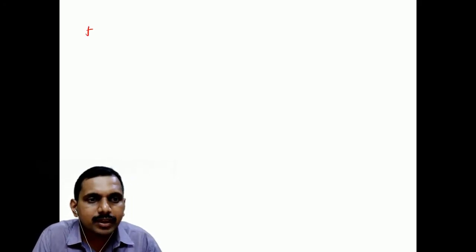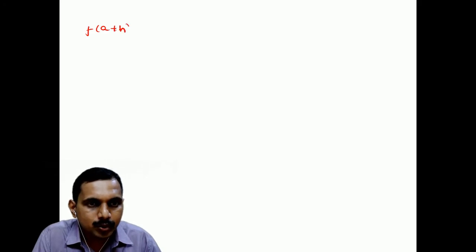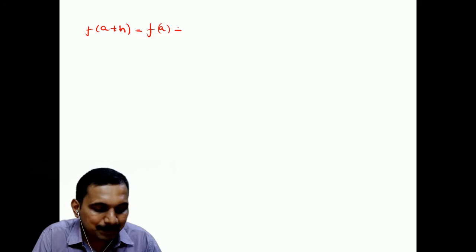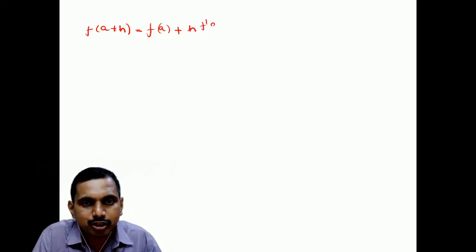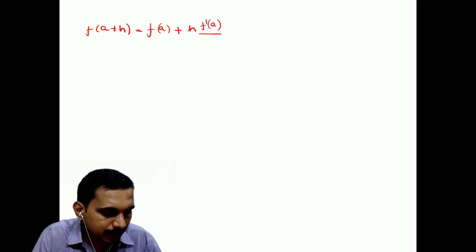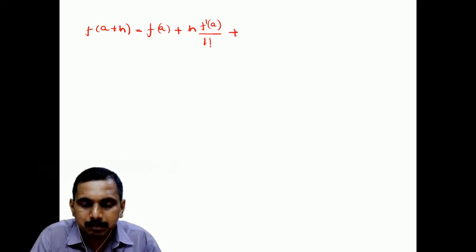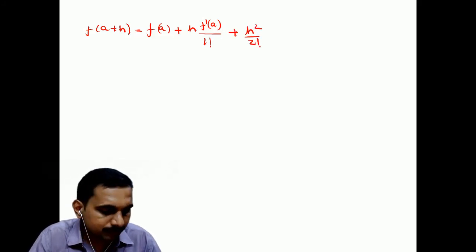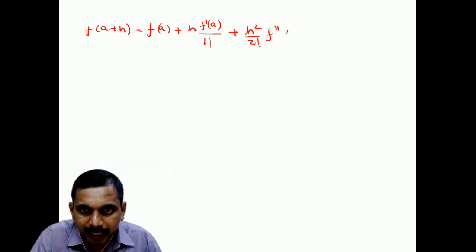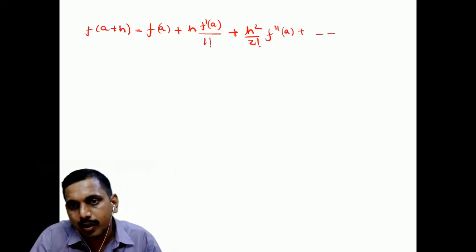So now here, see what did I do here? We had f of a plus h is equal to f of a plus h into f dash of a divided by 1 factorial plus h square by 2 factorial into f double dash of a plus so on.